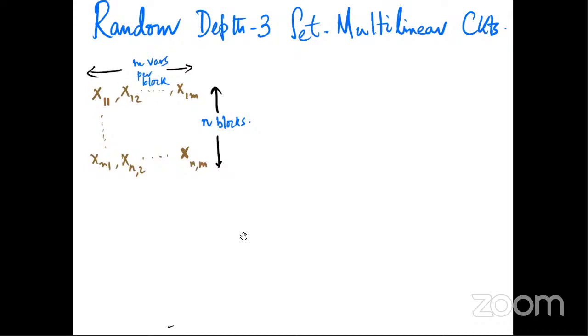She also had these blocks, except that in our case, everything commutes. It's the commutative model. So I have n blocks. My variables, there are some number of variables which I've divided into blocks. There are n blocks. Each block has m variables, m for mother. And I want to compute a function of these variables.